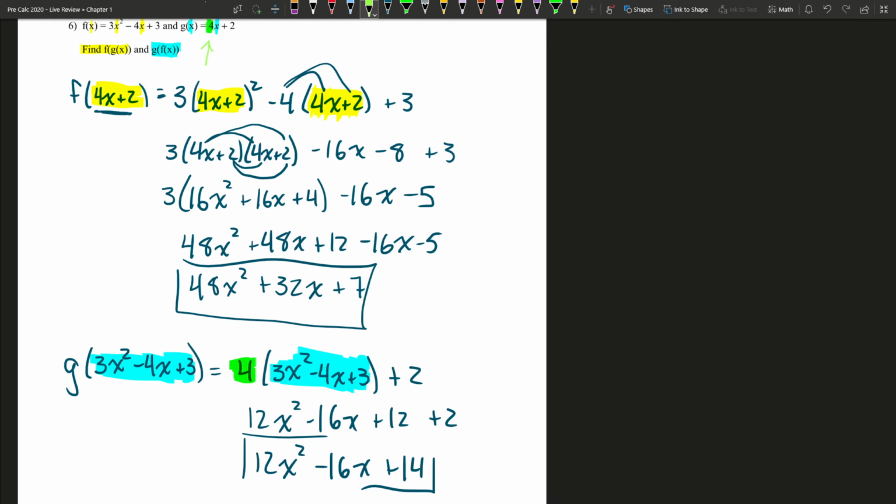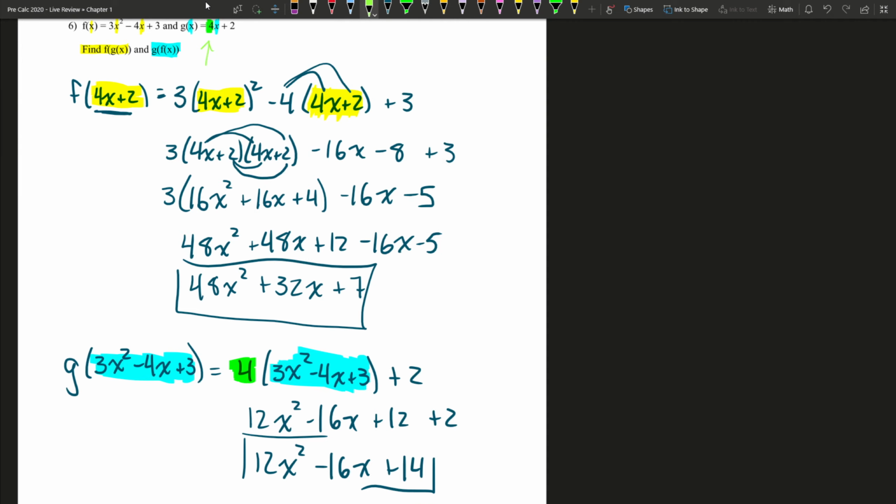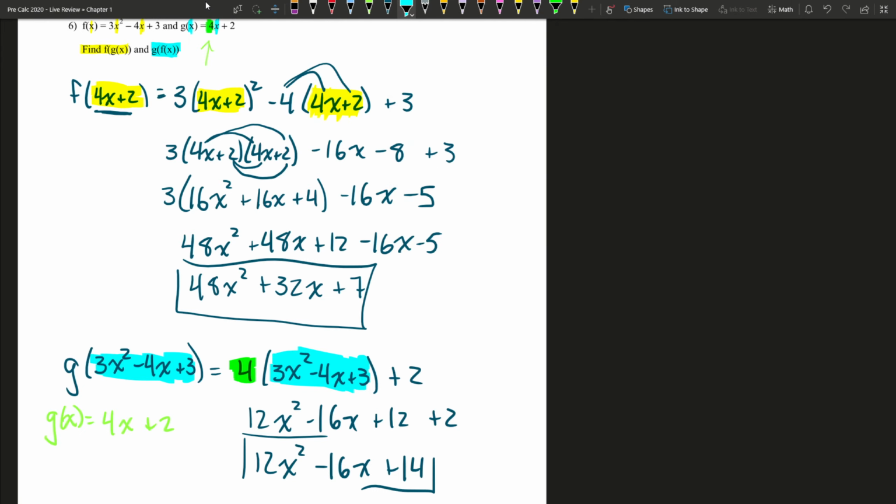Our original function g is just 4x plus 2, so that's 4 times an input, again 4 times our input, and then add 2 to it. I think that answers your question. Does that make sense?